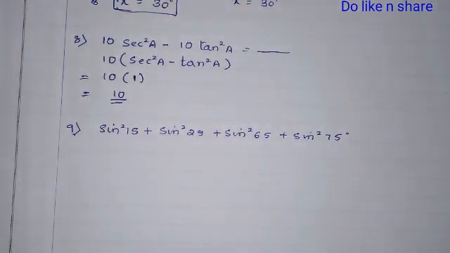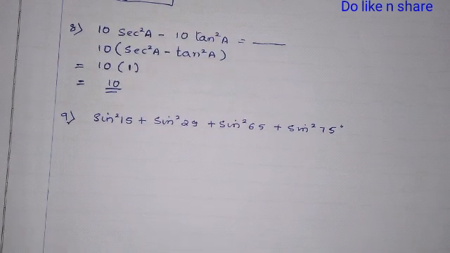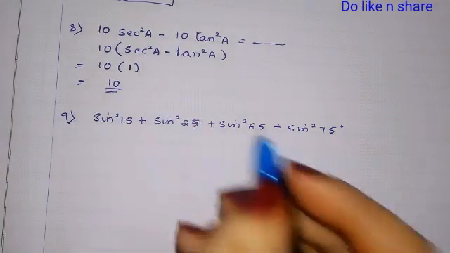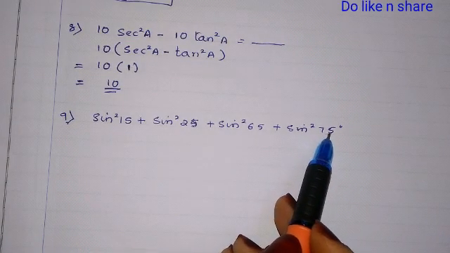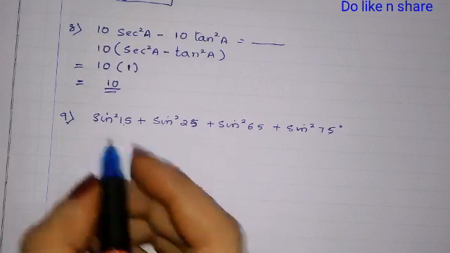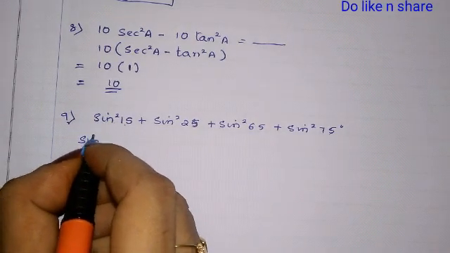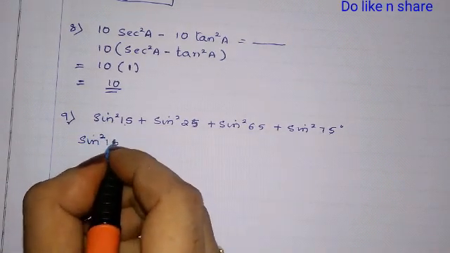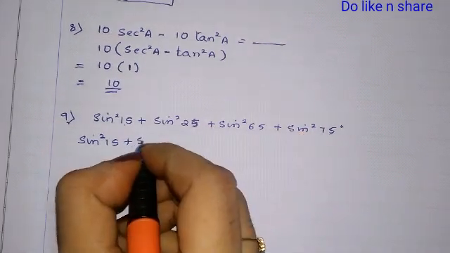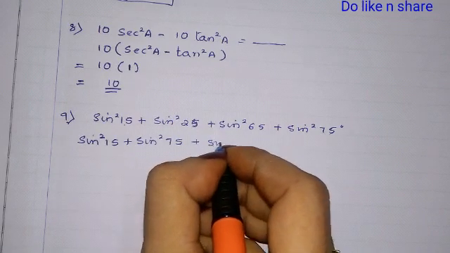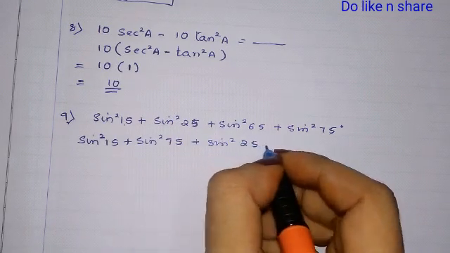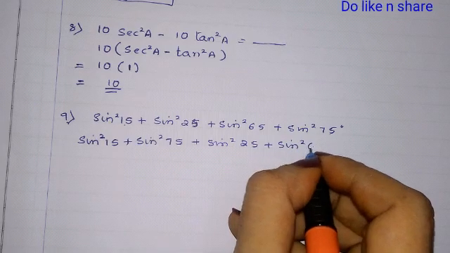I have told you, leaving the tabulation degrees, other degrees are of complementary angles, and there will be a logic between the complementary angles. So 90 minus 75, if we do, we'll get 15. So what we have to do, we'll bring these two numbers near: sine square 15 plus sine square 75, then plus sine square 25 plus sine square 65 as it is.